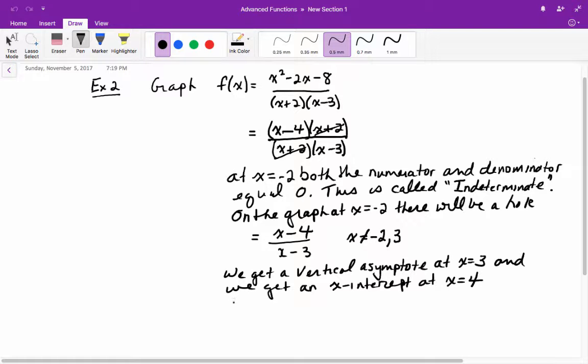In the example that we just saw on Desmos, I should have mentioned the importance of the degree of the numerator and denominator.